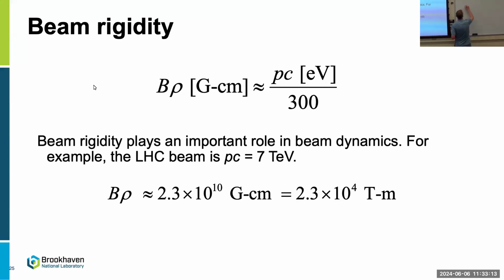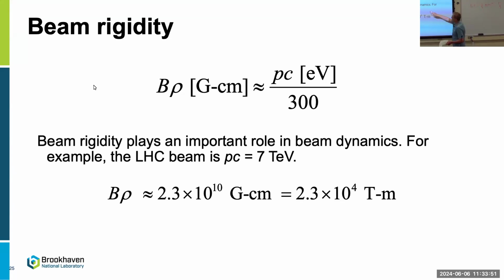And I can say B naught times R, the radius of the bend of the spiral, equals v naught, which is beta c, times gamma m over q, so 1 over q times beta gamma m c squared over c, which of course is pc over q. So that's what you get if you then convert to units.